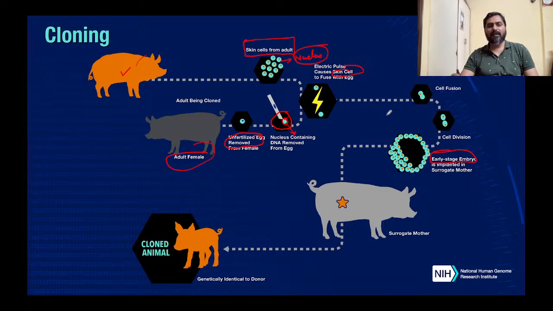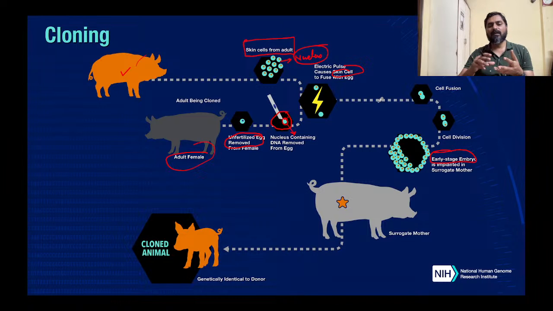So we have not taken a sperm cell, we have just taken a nucleus from the organism of which we want to make a clone. We have taken the nucleus from the skin cells or from any somatic cell, and we have fused it with the cytoplasm of the egg cell of a mother, of a female. After that it behaves like a new zygote.